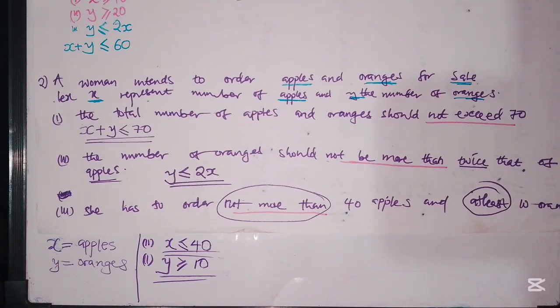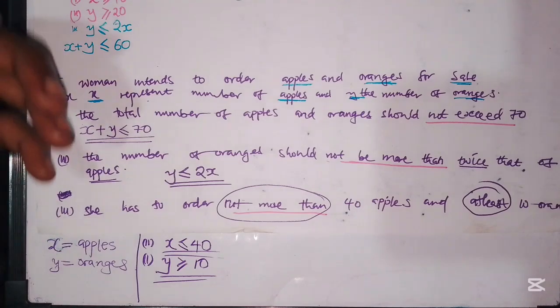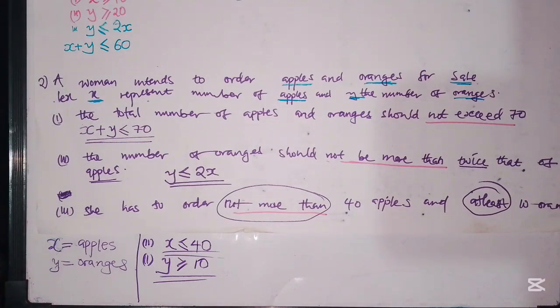Our next class will focus on the graph part: how you can plot these points on the graph, how you can calculate the maximum profit, and find the number of things he should hold for him to make the maximum profit.